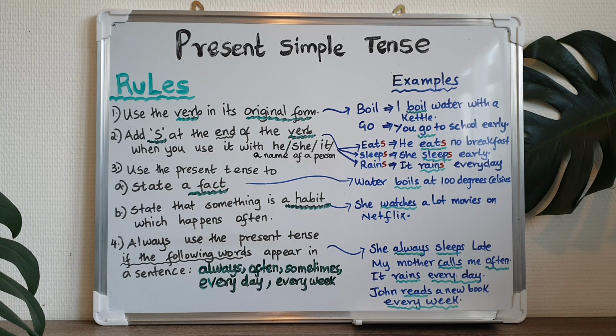And remember, use the verb in its original form when you combine it with I or you. But when you combine it with he, she, it, or a name of a person or a thing, then you must add an S at the end of the verb.